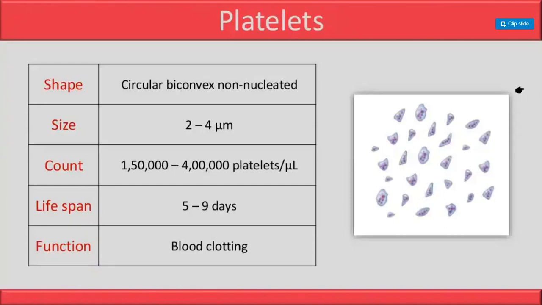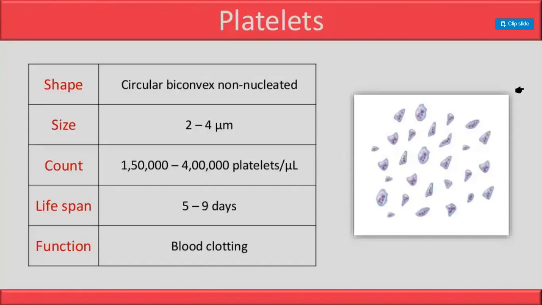So these platelets are circular, biconvex, and non-nucleated. Just like the red blood cells, they are non-nucleated, but they are biconvex. Red blood cells are biconcave, disc shape with a depressed center, but platelets or thrombocytes are biconvex, and they are also non-nucleated, just like the erythrocytes.